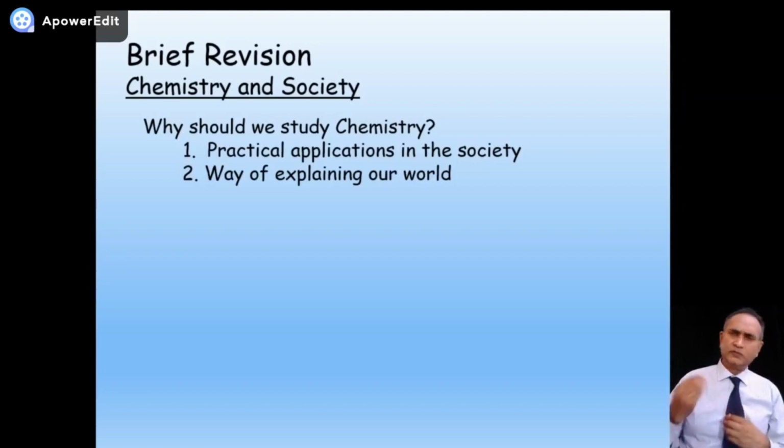It might be a food item, or it might be a spacecraft, anything else. So the study of chemistry tells you what the applications of chemistry are in our daily life.